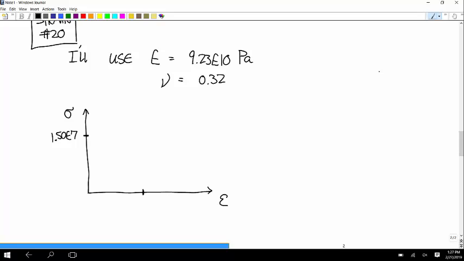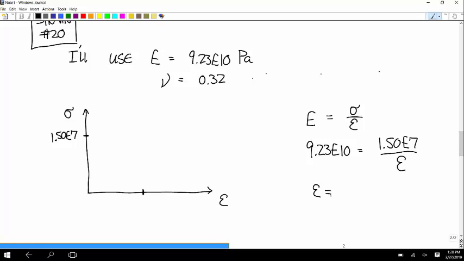Now we can use Young's modulus to figure out what the corresponding strain is, because Young's modulus is stress over strain. So 9.23 times 10 to the 10th is equal to 1.50 times 10 to the 7th divided by the strain.